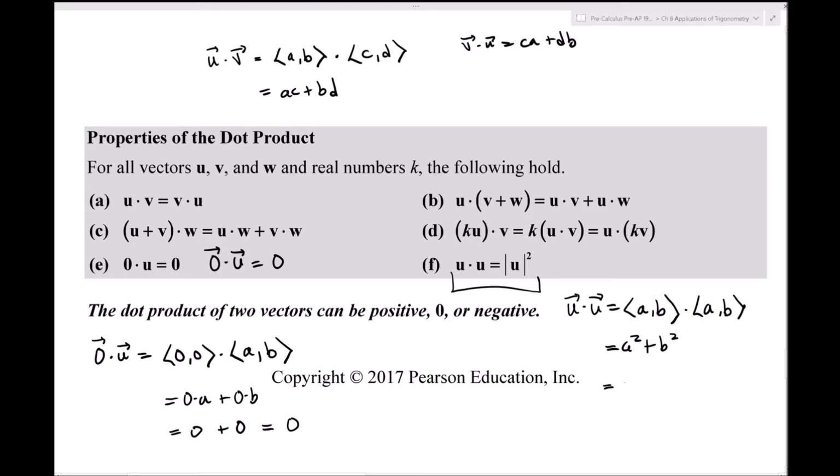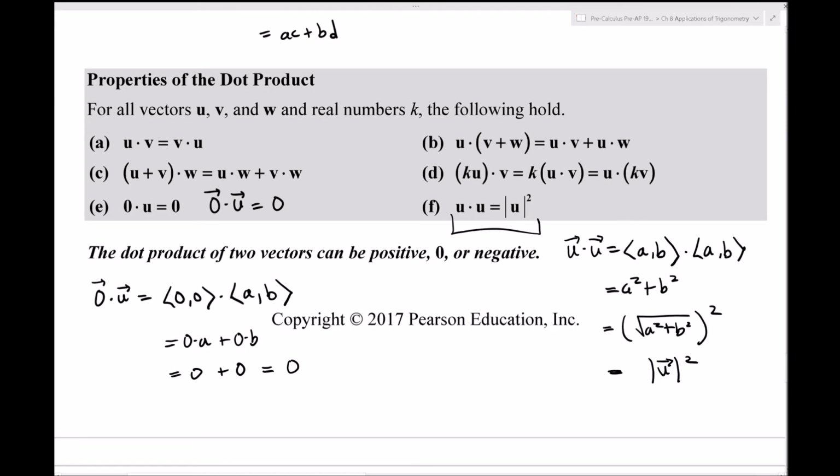So this is the square of the square root of A squared plus B squared. And the stuff inside with the square root included, that's the magnitude of U. And the whole thing is squared because there's that extra square on the outside. And so that's proven. So that's a pretty simple one to prove. And those are semi-intuitive properties of the dot product. Somewhat.